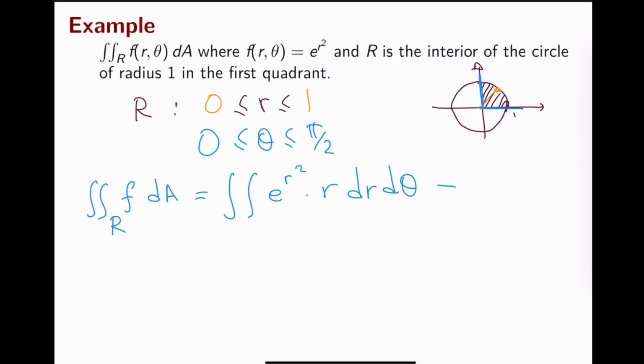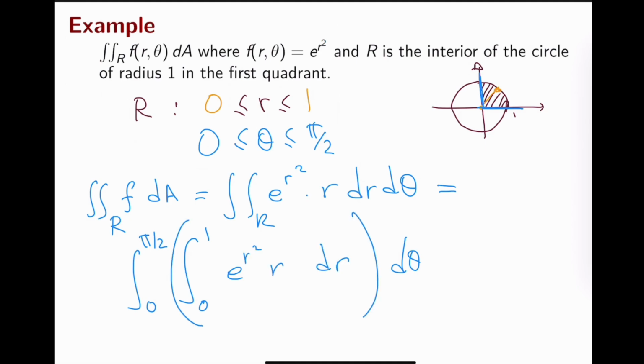And so now this is the integral where the angle varies between 0 and pi half, with d theta, and the radius r varies between 0 and 1, and the function is e to the r squared r dr.